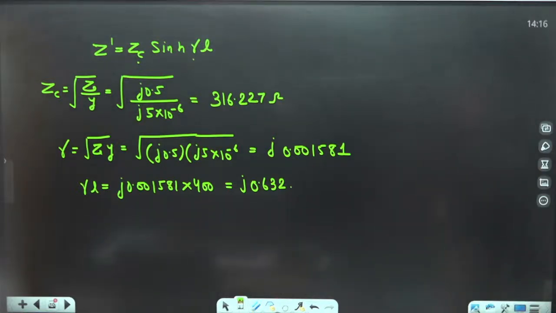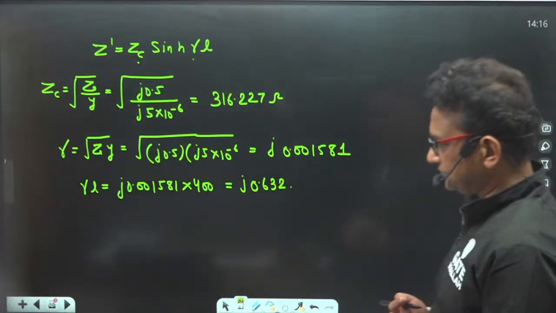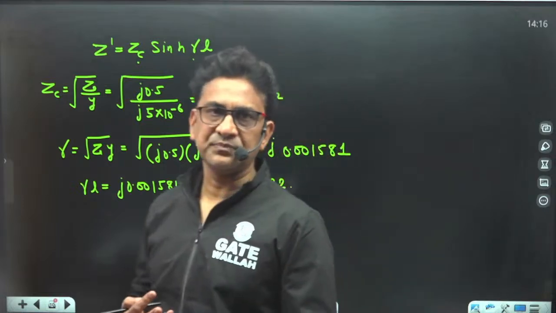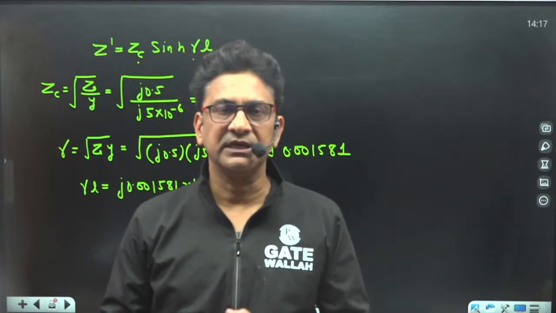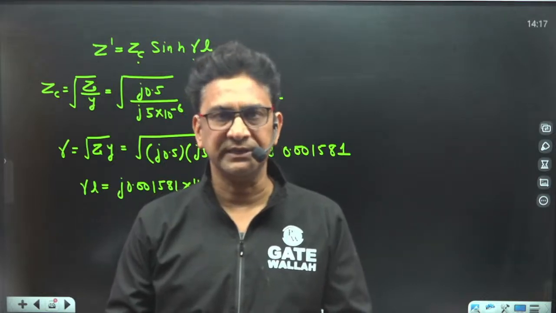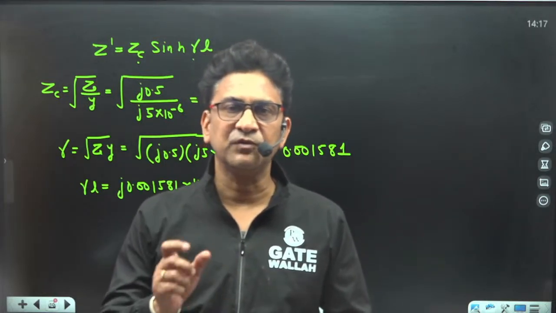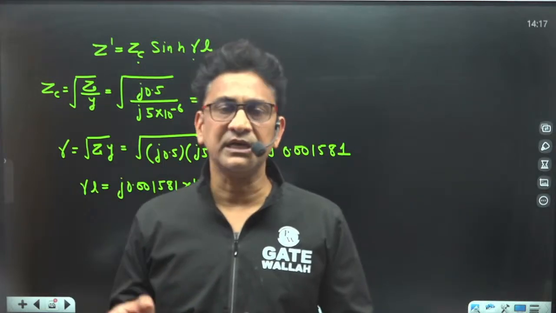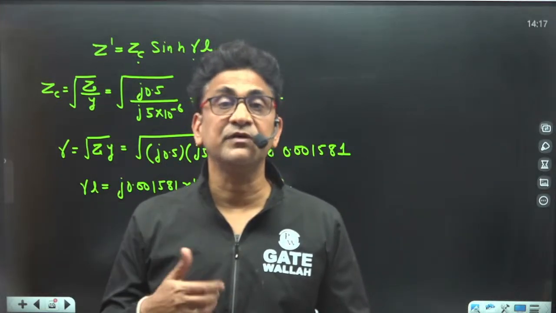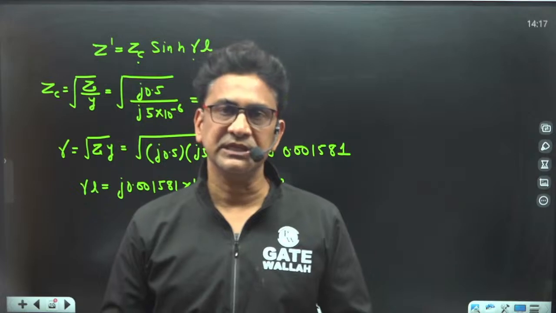Sir, I am confused sometimes to identify the phase voltage and the line voltage in the given question. See, in a three-phase question, whenever the data are given in three-phase, the given data is always the line quantity. That means the given voltage will always be the line voltage, the given current will always be the line current, and the given power will always be the three-phase power.